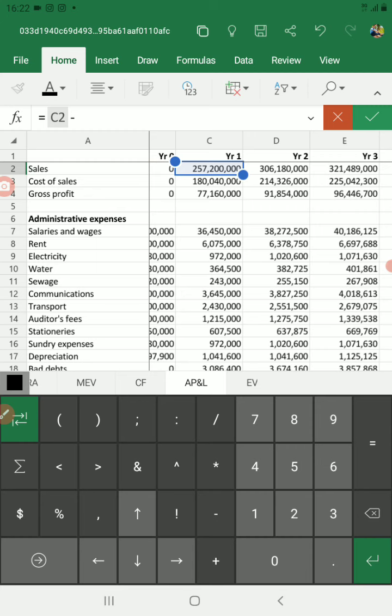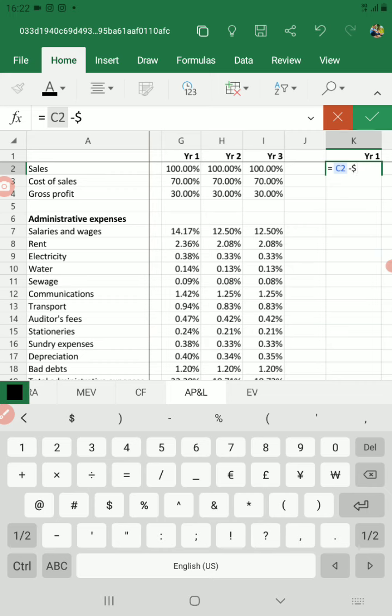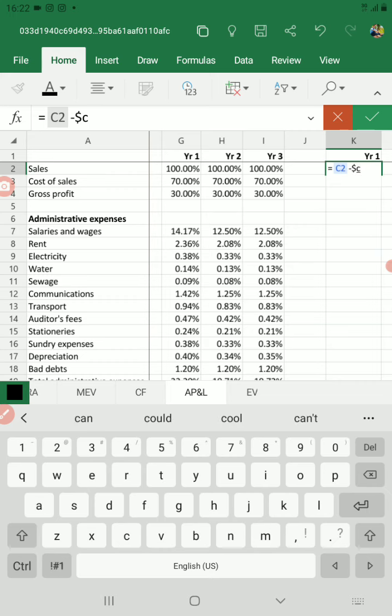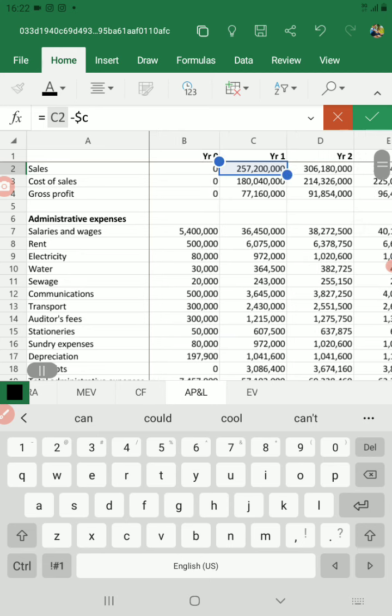So to lock column C I start with the dollar sign, and then type C to lock column C, and then 2, in this case 2. So I type 2.